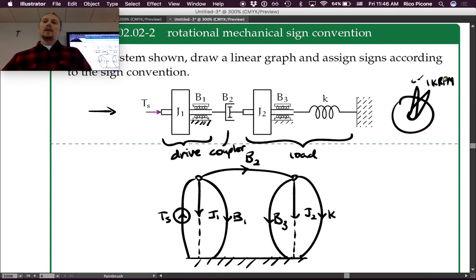This would be 0, maybe this is 1,000. The speed of this in equilibrium is going to be indicated on the angular position of J2. So that's the type of system you might want to model in a dynamic systems way like this.